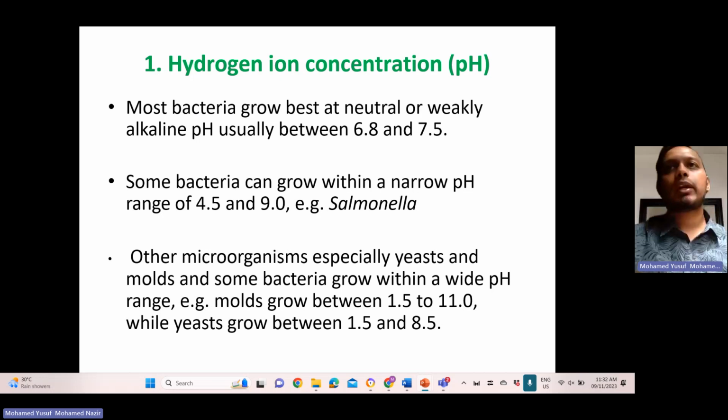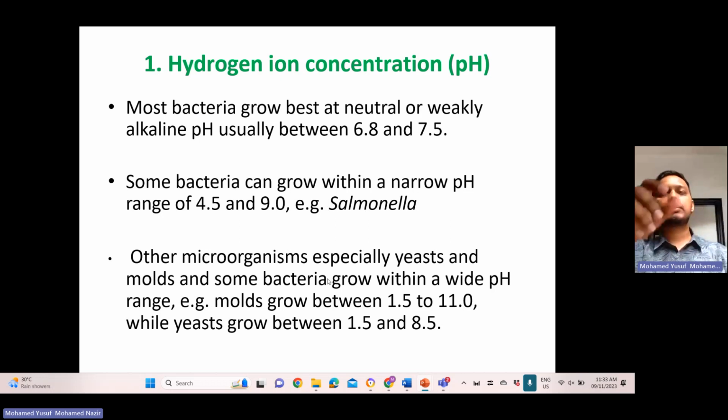Most bacteria can grow well in a neutral or weakly alkaline pH, such as around 6.8 to 7.5. But some microbes can only grow in a narrow pH range, such as Salmonella, which can only grow between pH 4.5 to 9.